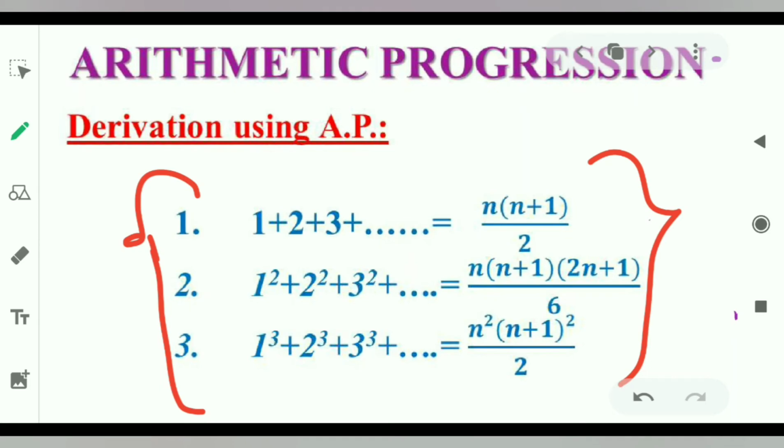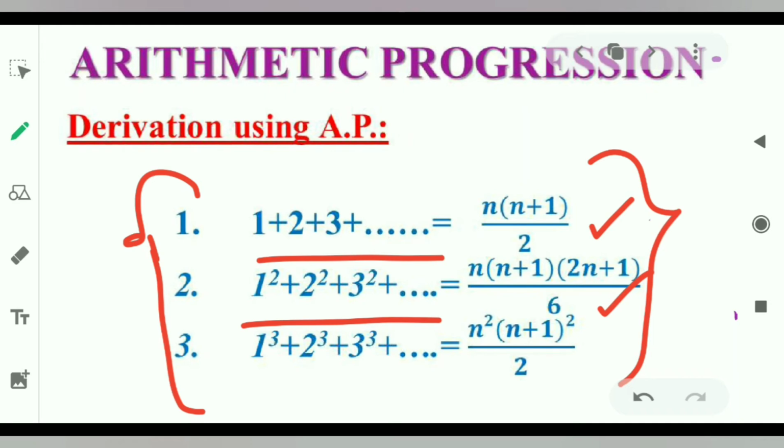Let's read it. 1 plus 2 plus 3 plus etc. is equal to n into n plus 1 whole divided by 2. Similarly, 1 square plus 2 square plus 3 square plus etc. is equal to n into n plus 1 into 2n plus 1 whole divided by 6.